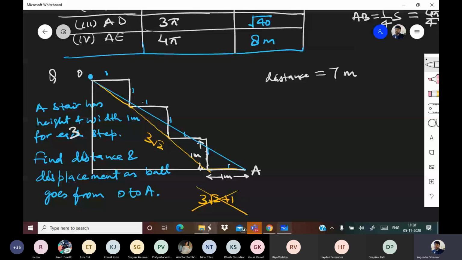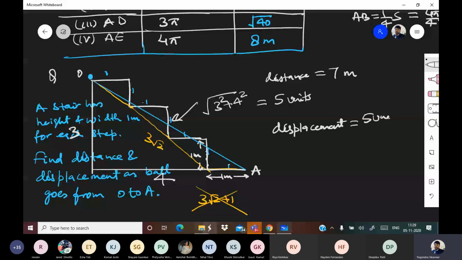So if this is 3 and this is 4, then this will be under the root of 3 square plus 4 square, and that will be 5 units. That will be the answer. So displacement will be 5 units.